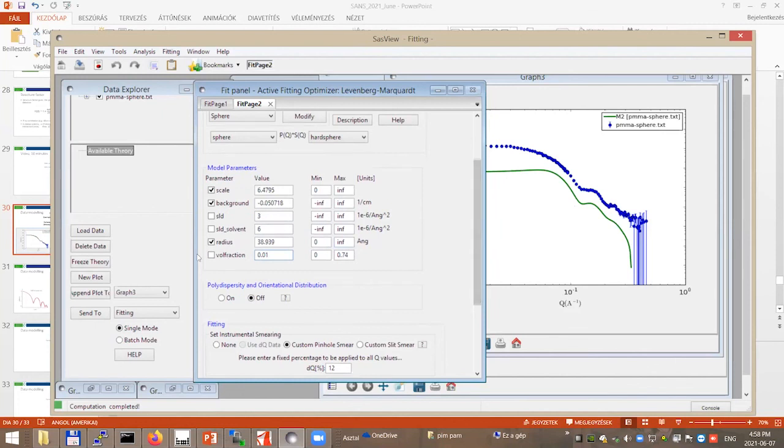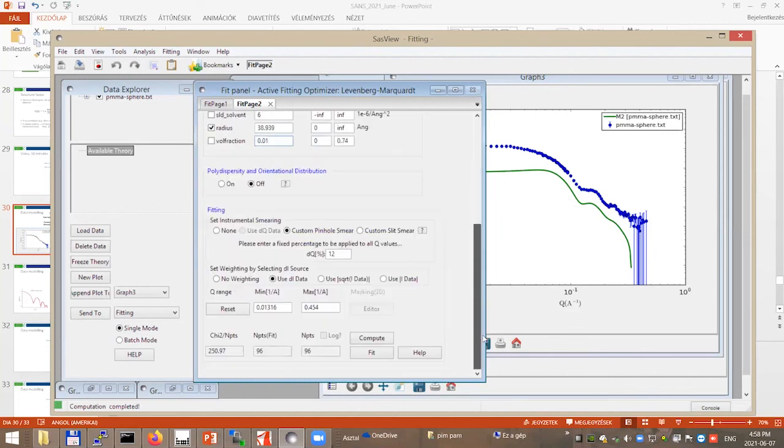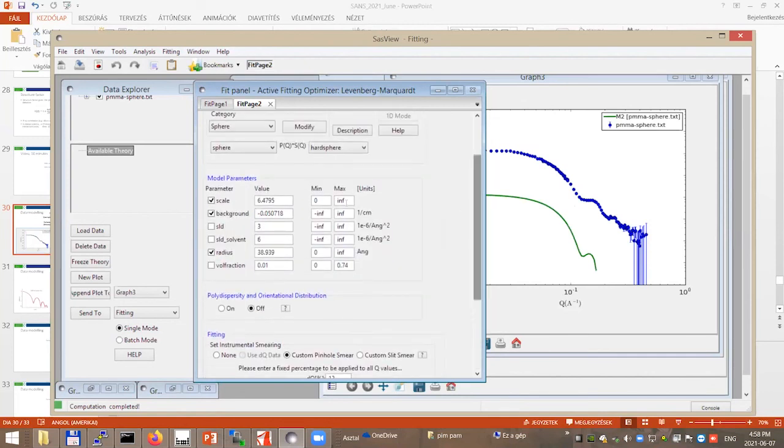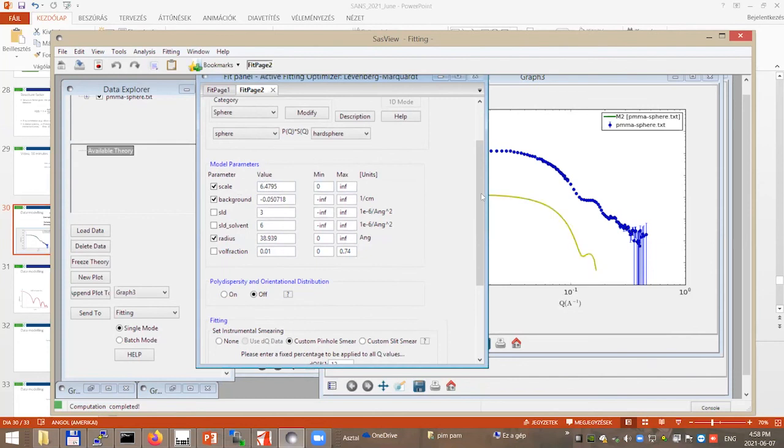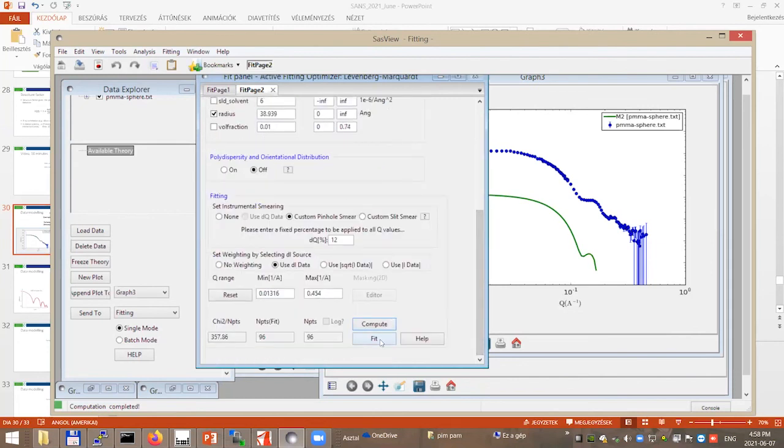And what happens if the volume fraction is 0.01? Now it needs to be fitted again, because by volume fraction we also divided the content of the spheres by 100 times. So we need to make again the rescaling or the fitting. So let's make a fit.